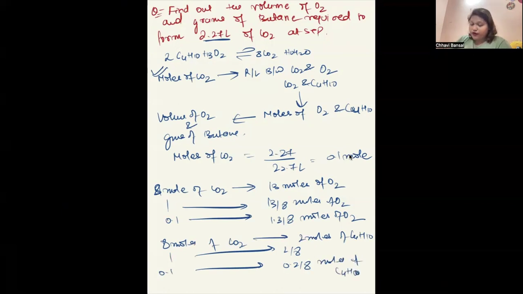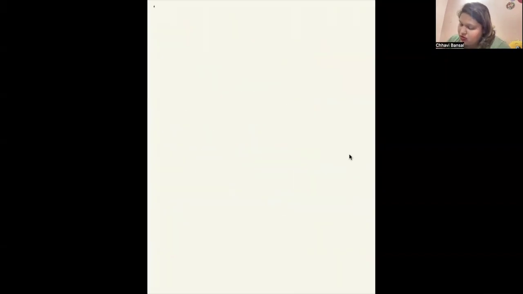Now we got what? We got the moles of individual O2 and C4H10. What we have to do is just multiply with the molecular mass to find the grams. For volume, we have to multiply with the molar volume. So, grams of C4H10 will be equal to number of moles multiplied by molecular weight.